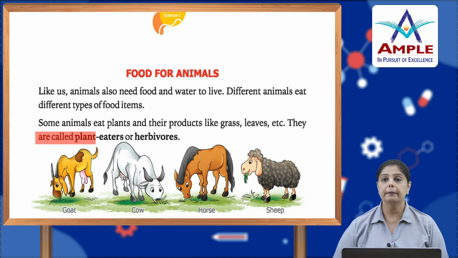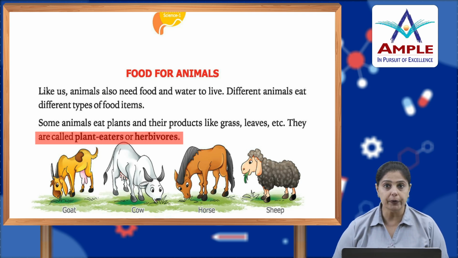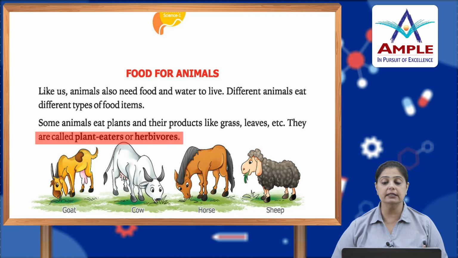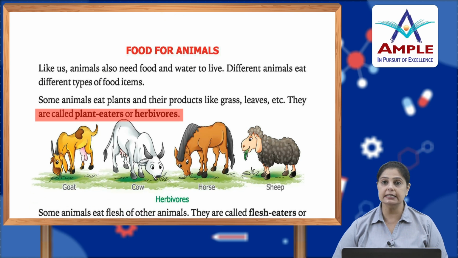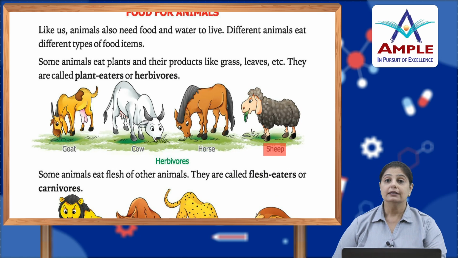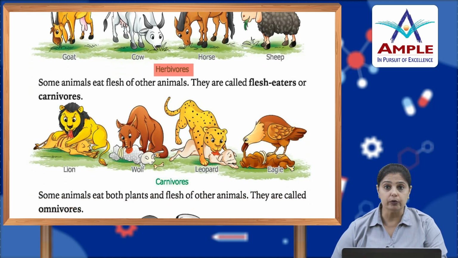They are called plant eaters or herbivores. So, animals that eat plants or grass or leaves are called herbivores. Okay, plant eating animals like goat, cow, horse, sheep, they eat plants or plant products. Okay. Now, the second type is the carnivores.